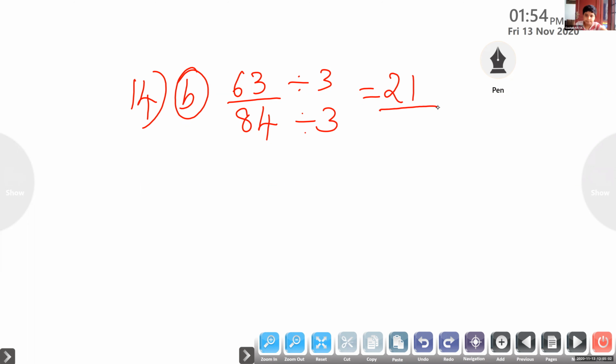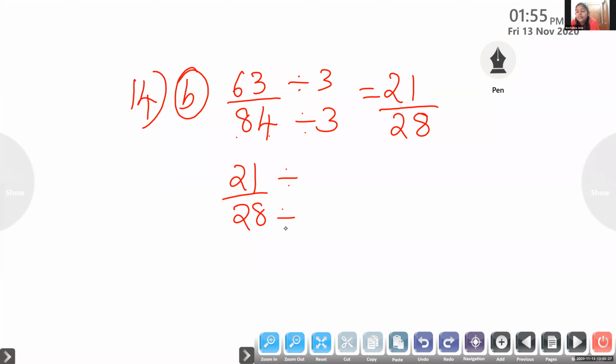Yes, Angelina, can you say what is 84 divided by 3? 28. So 21 by 28. 3 8s are 24. Now children, check again whether you can divide this 21 by 28. Is there any other common factor?